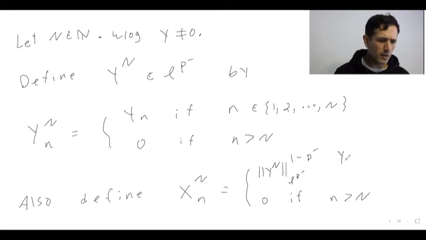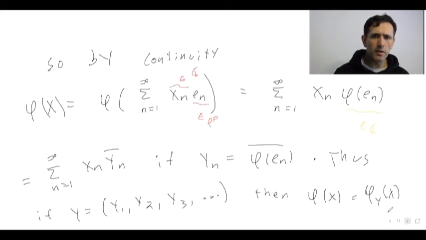And so this is going to be yn over the absolute value of yn, the absolute value of yn to the p prime minus 1.